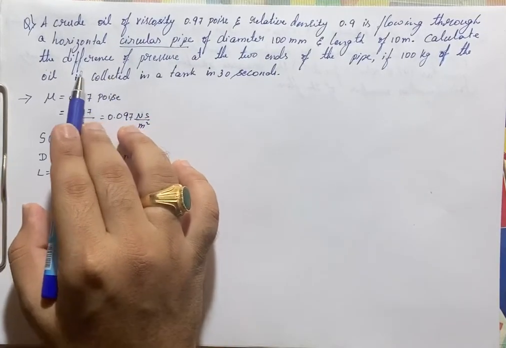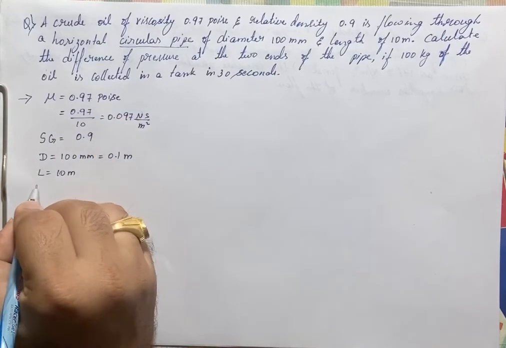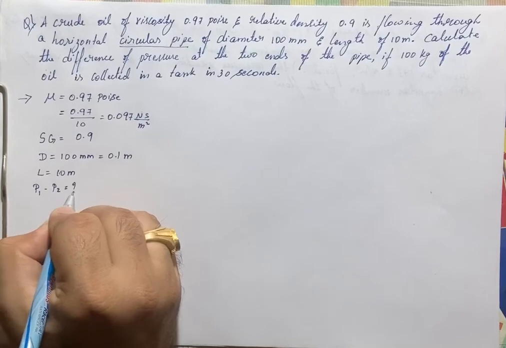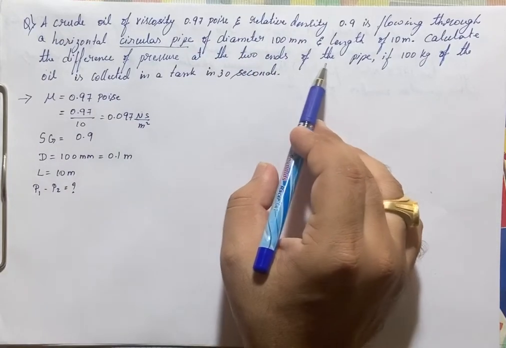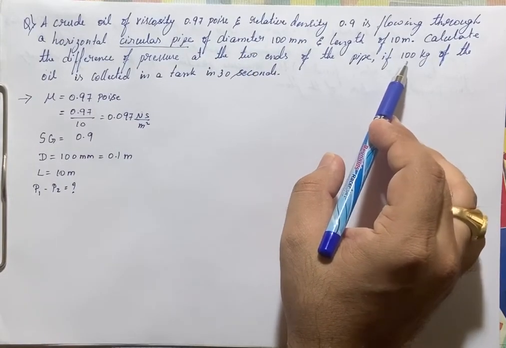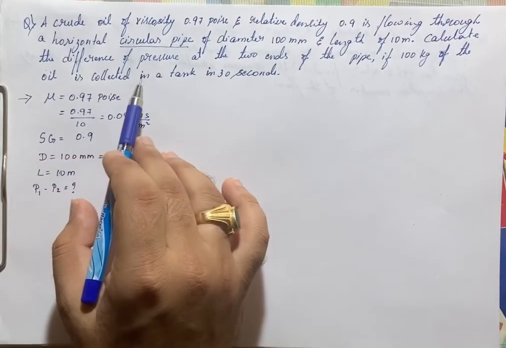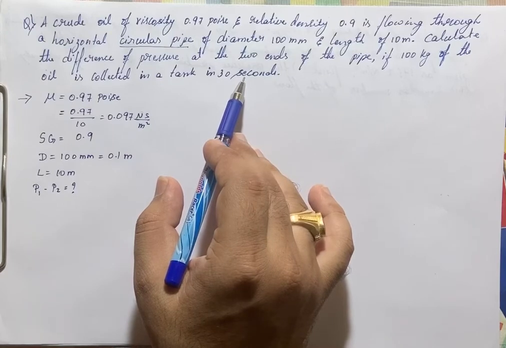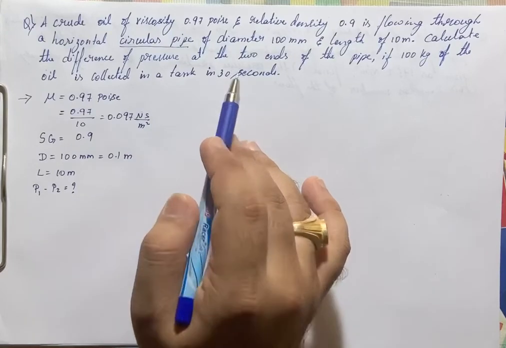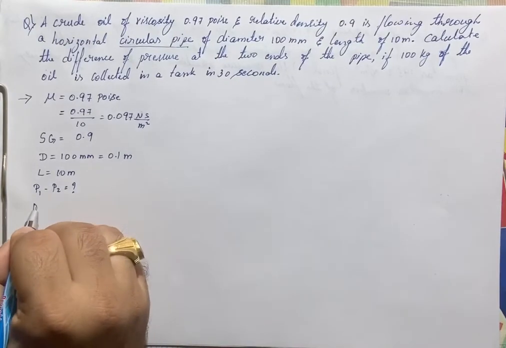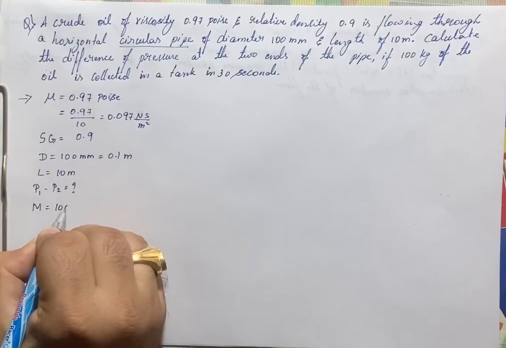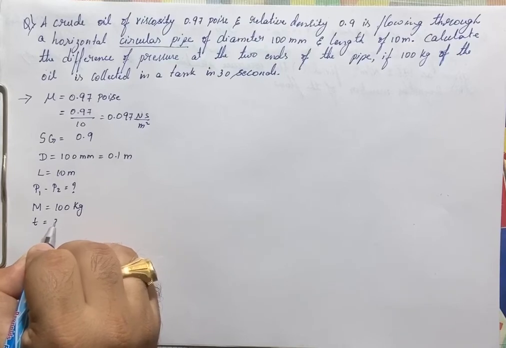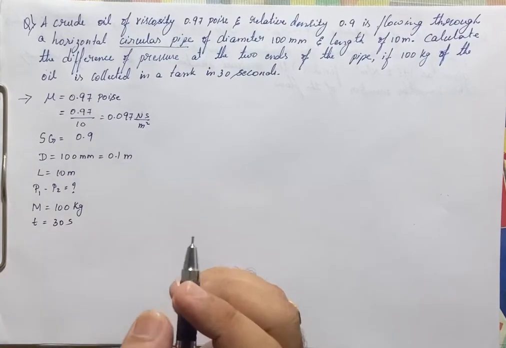Calculate the difference of pressure, that means P1 minus P2, at the two ends of the pipe if 100 kg of oil is collected in a tank in 30 seconds. This is what we need to keep in mind. That means mass here is given as 100 kg collected in 30 seconds, right?